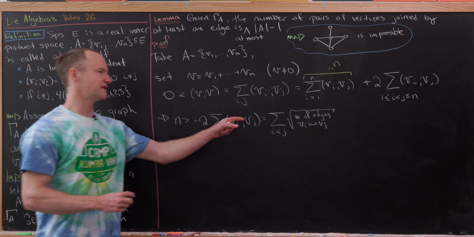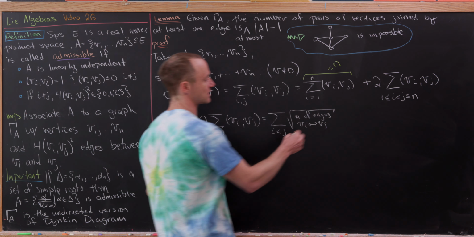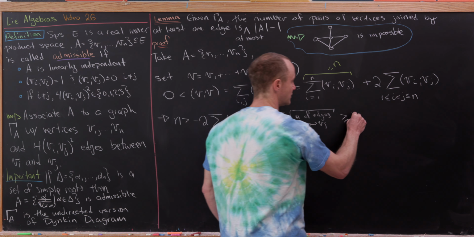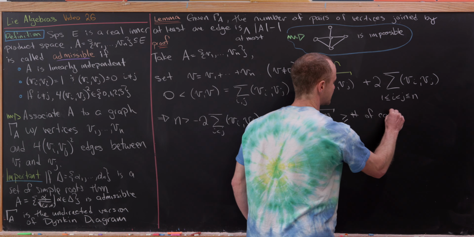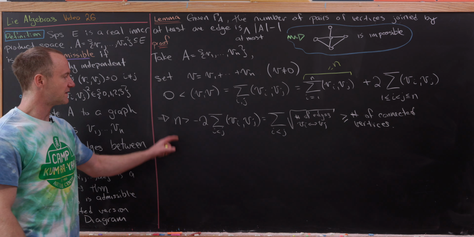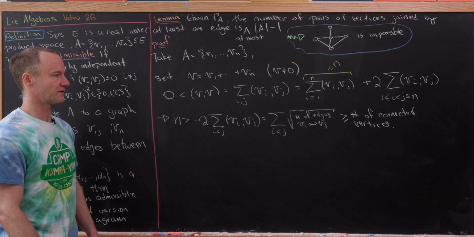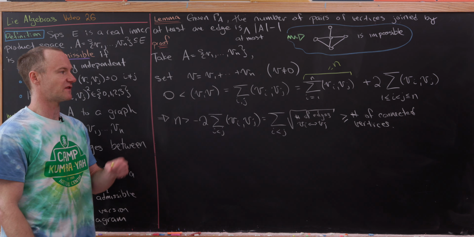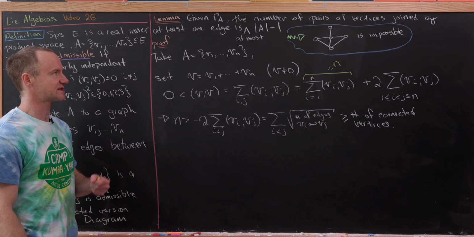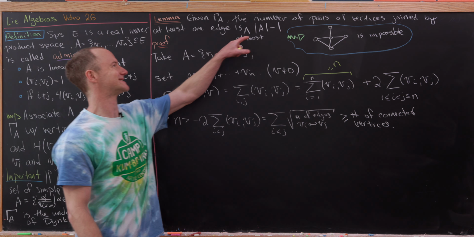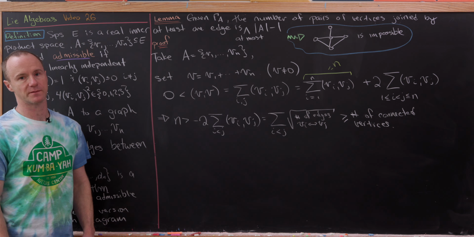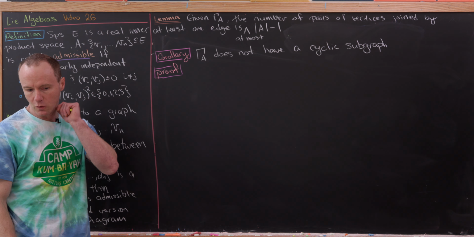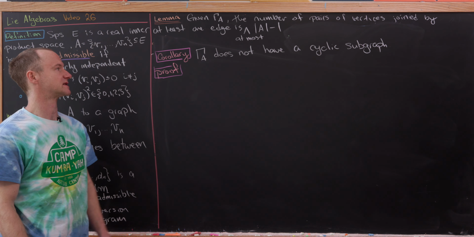Now let's notice that this sum is pretty clearly bigger than or equal to the number of connected vertices. But if n is strictly bigger than the number of connected vertices, then that means that the number of connected vertices is less than or equal to n minus 1, which is exactly this number. Okay, so here's something that quickly follows from this lemma.